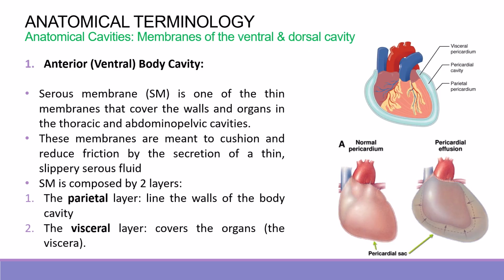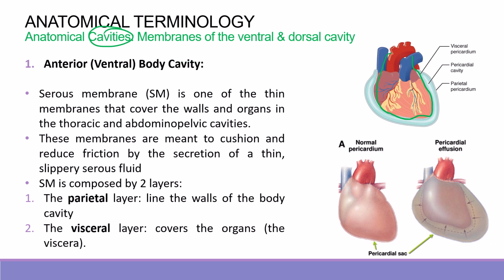Because the anatomical cavities contain anatomical organs, it's important to know that the organs in the human body are wrapped by membranes. So in other words, if we look at the picture of the heart, it's not naked in the thoracic cavity.